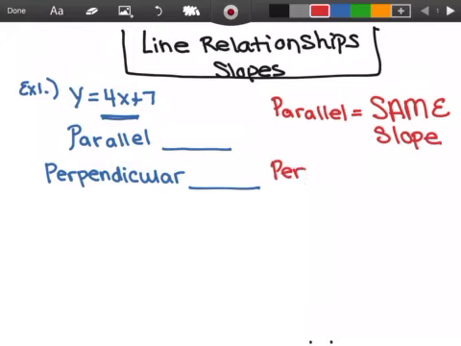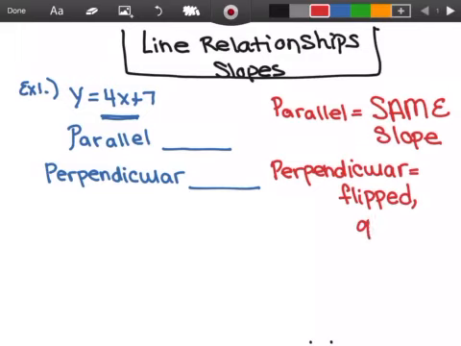If it is perpendicular, it has the inverse. Reciprocal is also another word. So for unmath people, it's the flipped opposite.